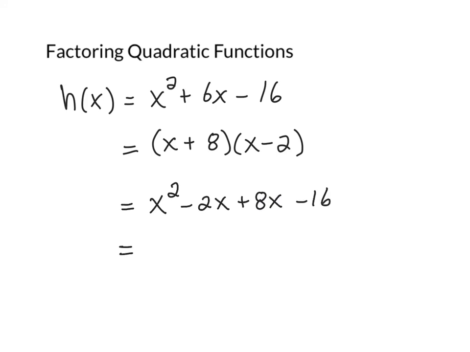In the middle here, we have all of our x's. So negative 2x plus 8x gives us plus 6x. So x squared plus 6x, and then we have a minus 16 on the outside. So it turns out that this was good for us. We checked it, and this is our factored form.